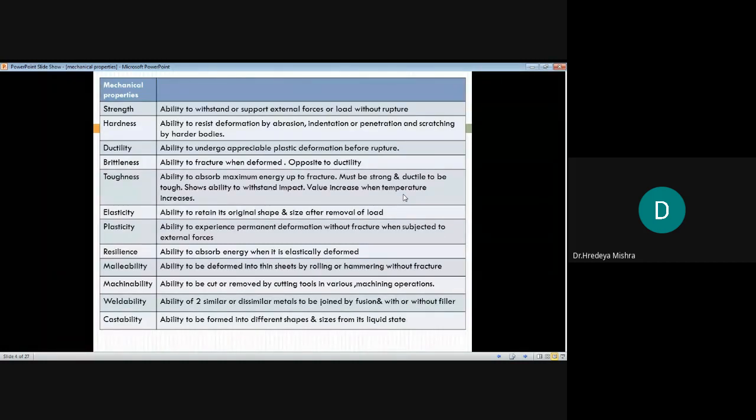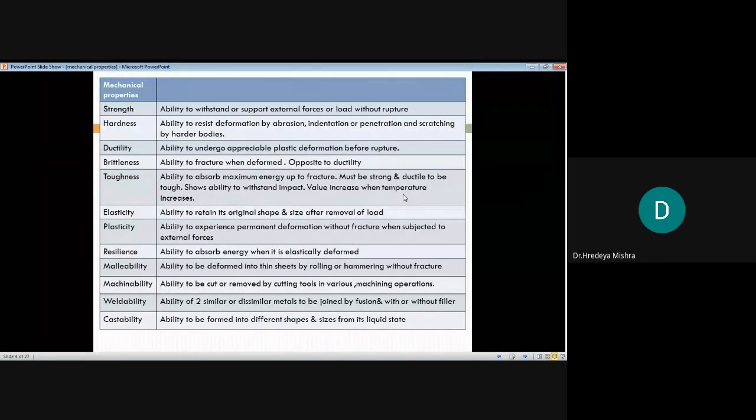Elasticity, what is the elasticity? Ability to retain its original shape and size after removal of the load. Elasticity is nothing but the ability to retain its original position when we remove the external load.